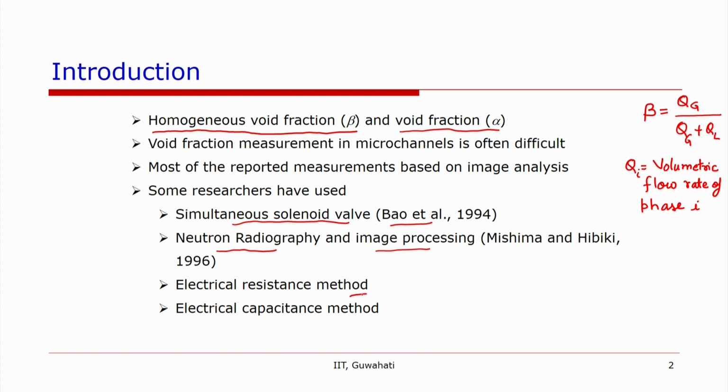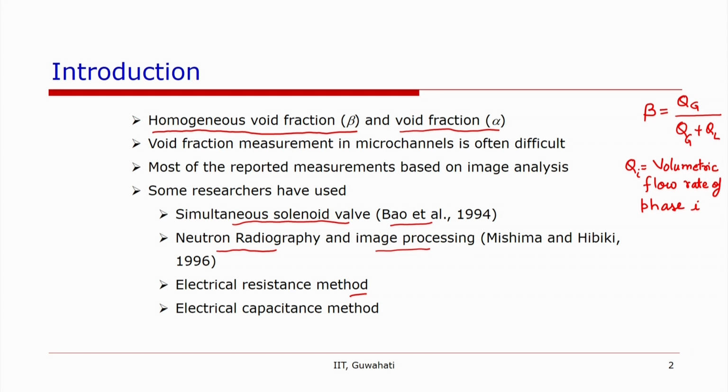Basically, different phases will offer different resistance to the current flowing through them. So one can measure the voltage and then estimate the resistance, and based on that resistance over time, one can obtain the void fraction at any cross section in the channel.